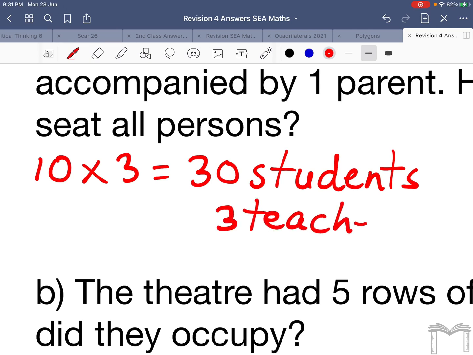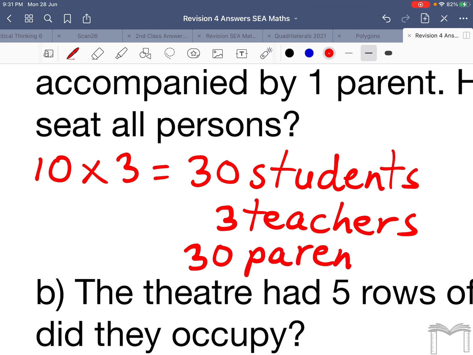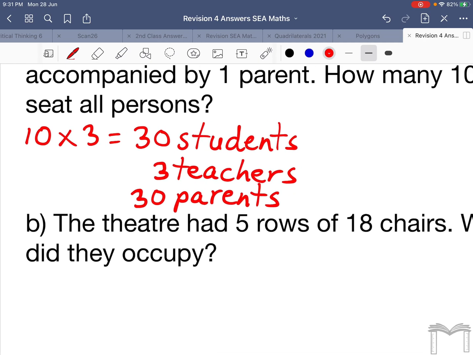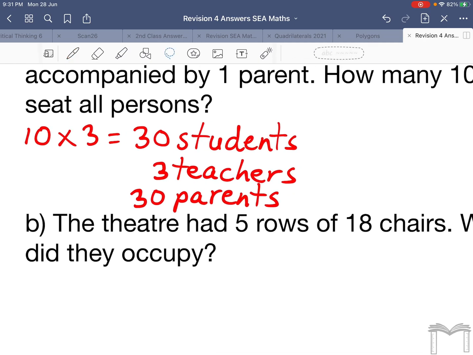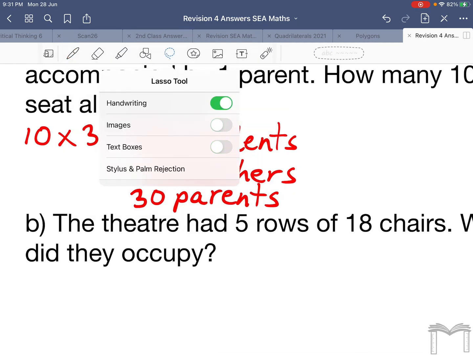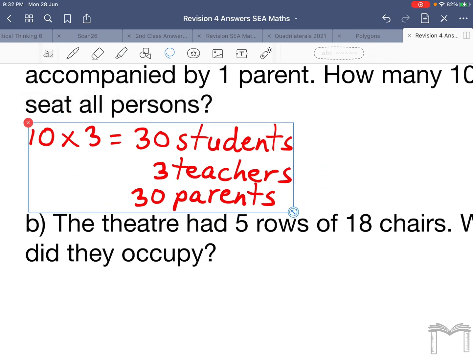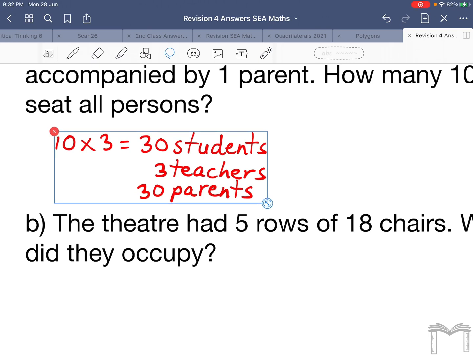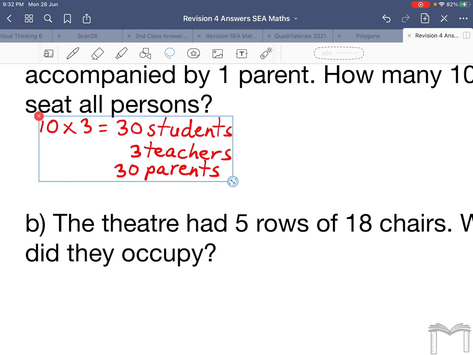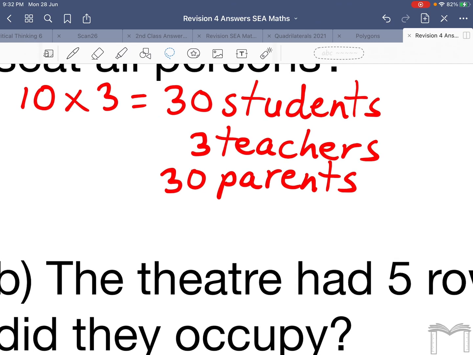And for 30 students, there will be 30 parents. So what we can do is add up these amounts to determine the total amount of persons that need to go with the maxi. So that's 30 and 30 and 3, that's 63.